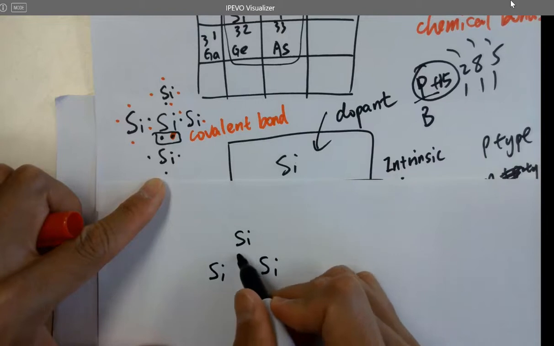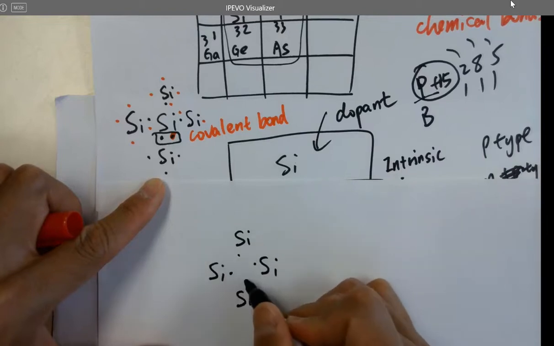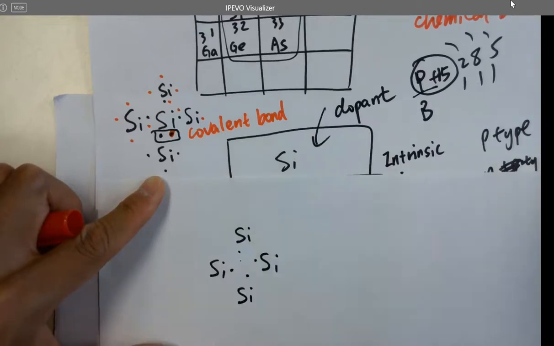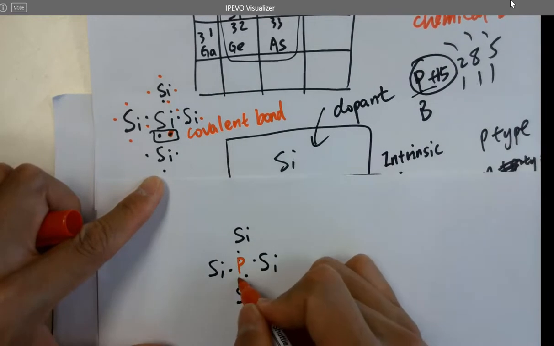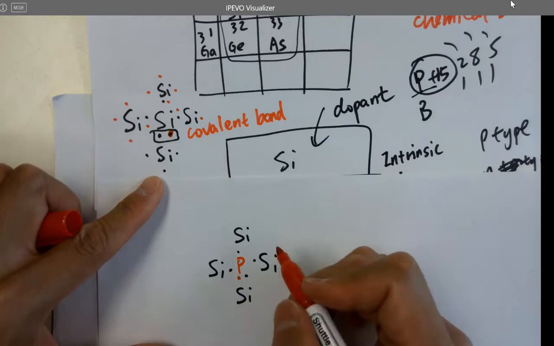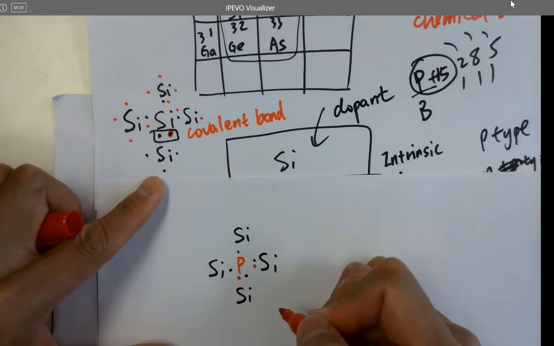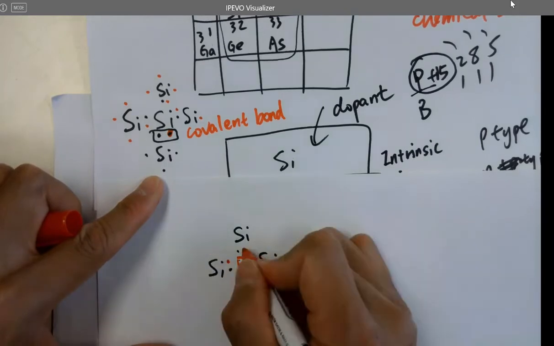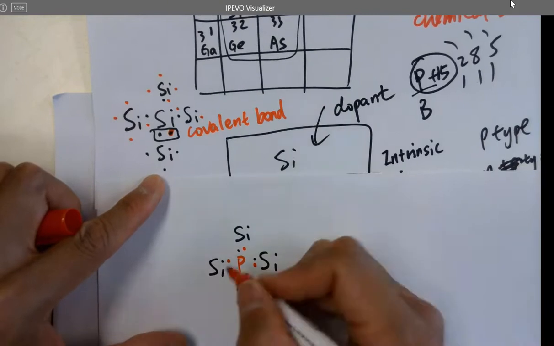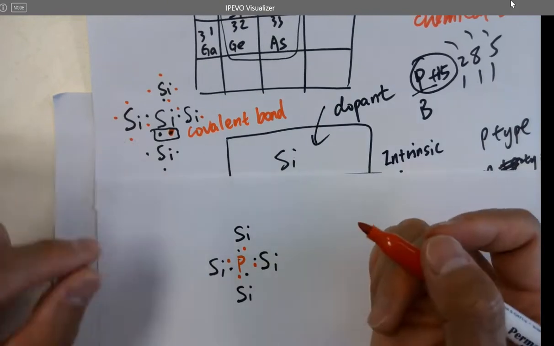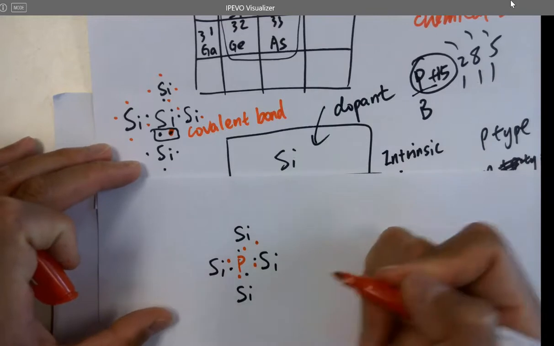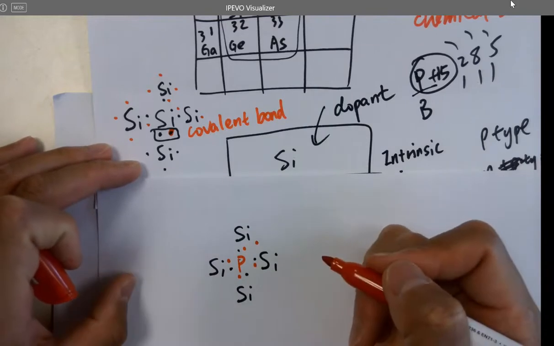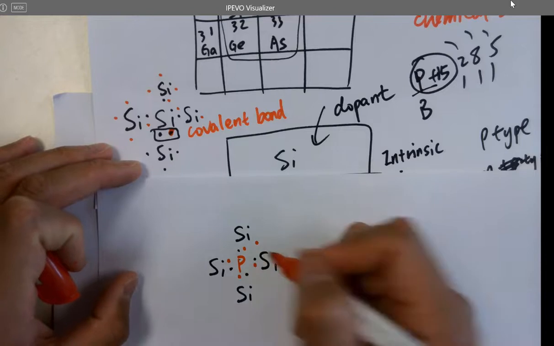Remember, each one is contributing 1 to the middle one. So you have a P here right now. P has 5, so it uses 1 to form 1 covalent bond, another 1, 1, but 1 is left. What about the 5th one? It becomes a free electron. That's why it becomes conductive.